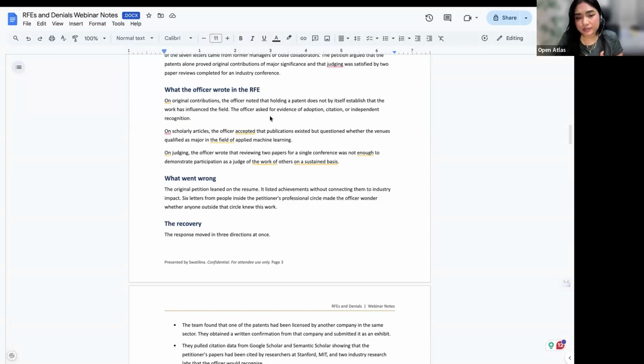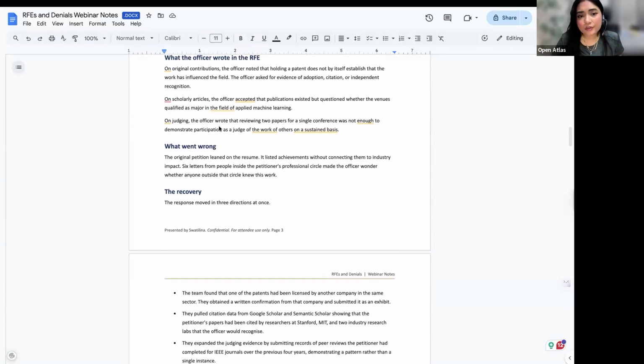This is very important. We cannot leave it by saying the officer will assume it is what it is. No, that's not possible anymore. You are the subject matter expert. You have to showcase that in the petition itself: why I have chosen this particular topic, and how it is related to my domain.